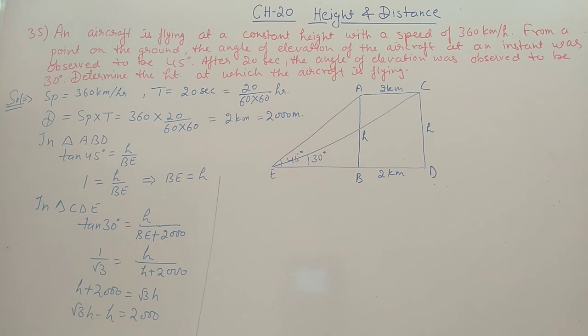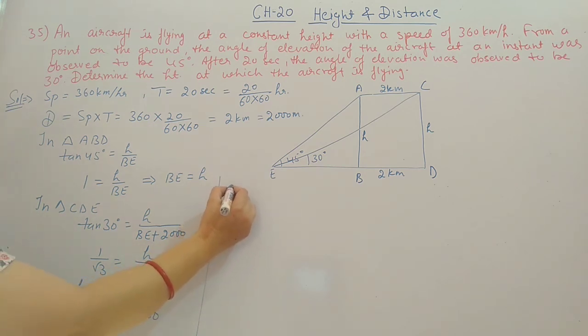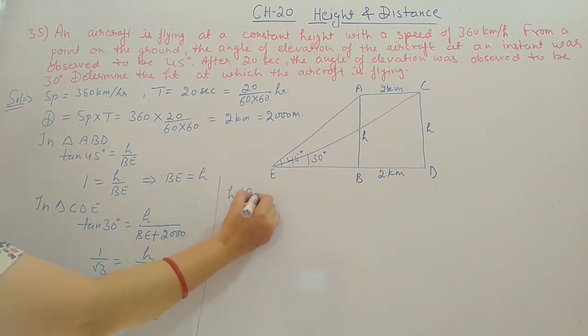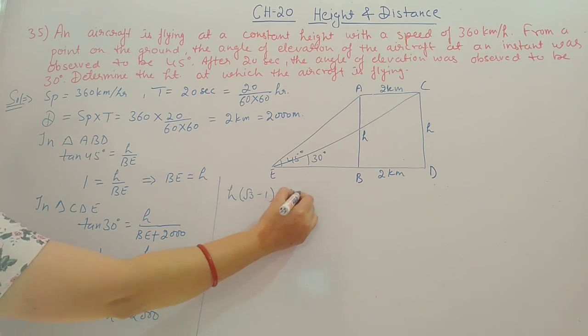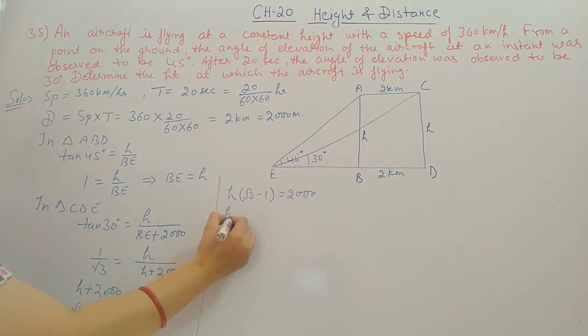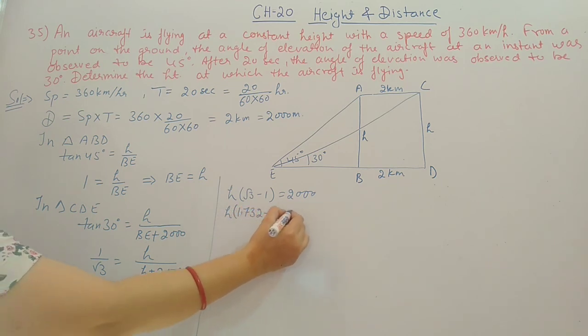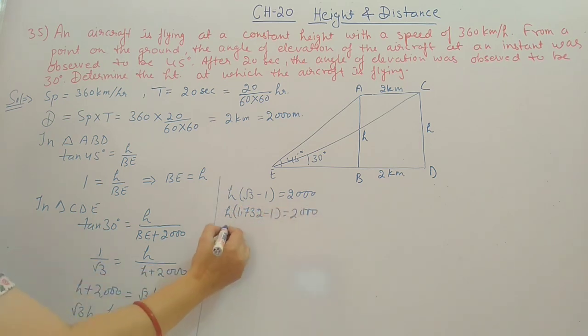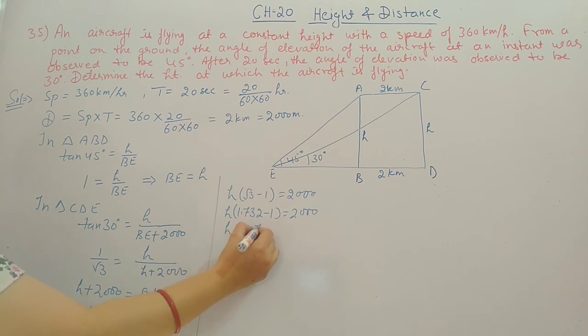Substitute the value of root 3. First take h as common, h times root 3 minus 1 is equal to 2000. h times 1.732 minus 1 is equal to 2000, so h times 0.732.